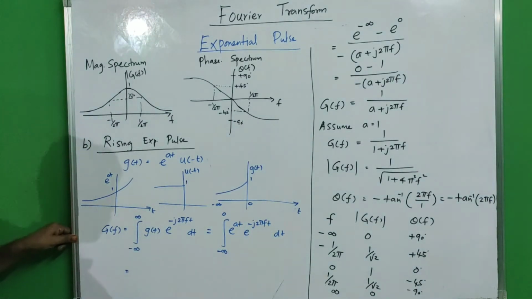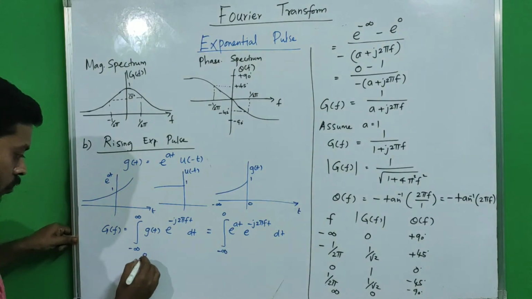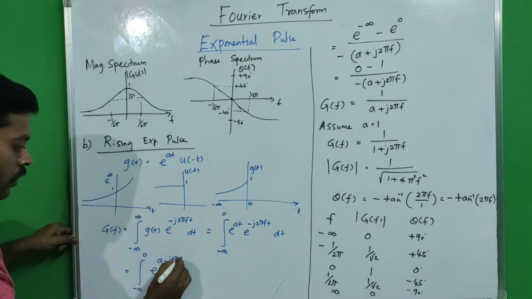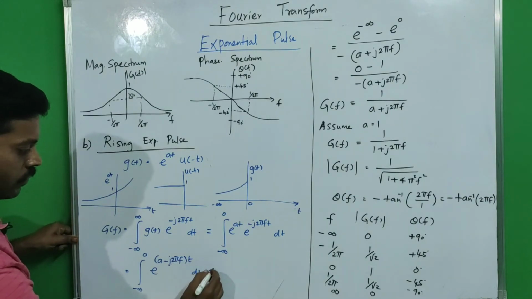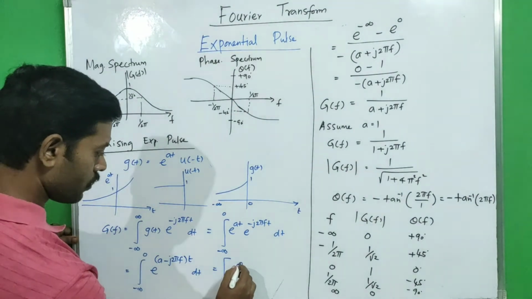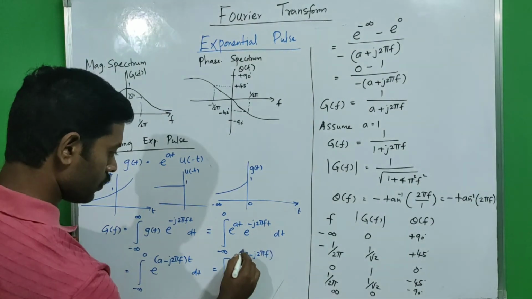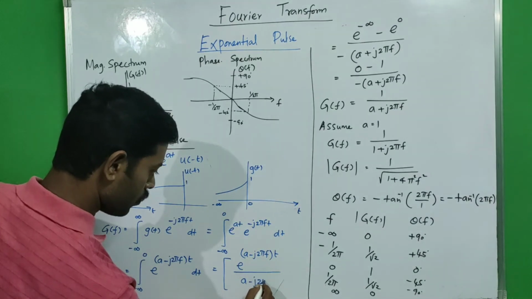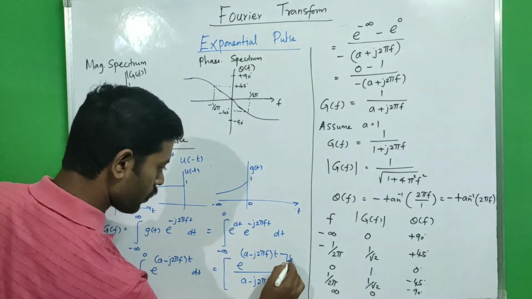You take t common in these two exponentials: minus infinity to 0, e power of a minus j 2 pi f, I am taking t outside, dt. On taking integration, e power of a minus j 2 pi f times t divided by a minus j 2 pi f, limit minus infinity to 0.